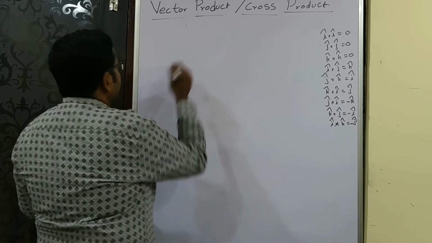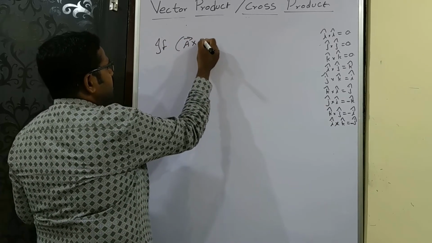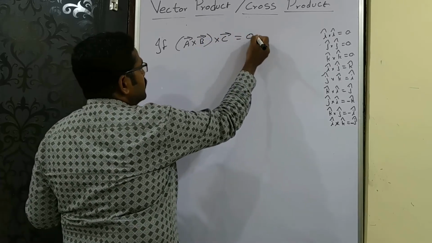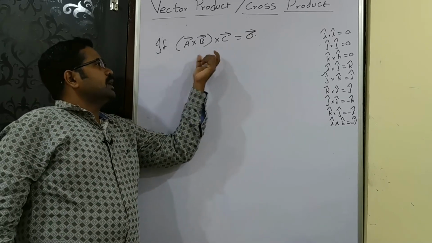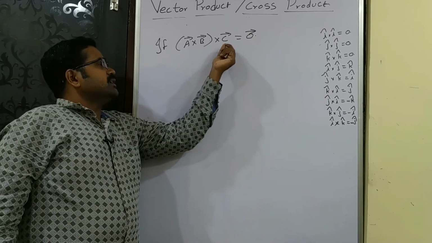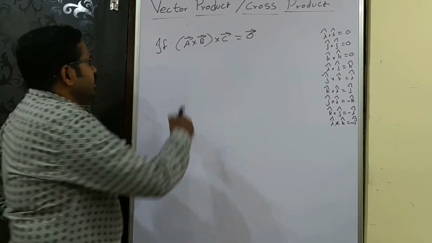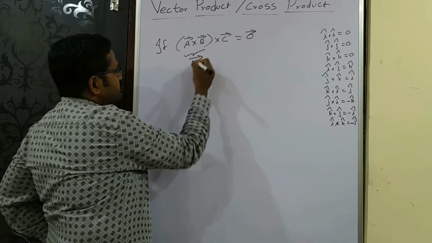That is, if vector A cross vector B cross vector C is equal to 0, that is null vector. So what do you understand from this? What is the relation of vector C with vector A and vector B? Now let me call this n cap, vector n.